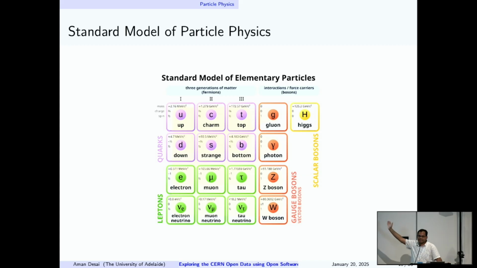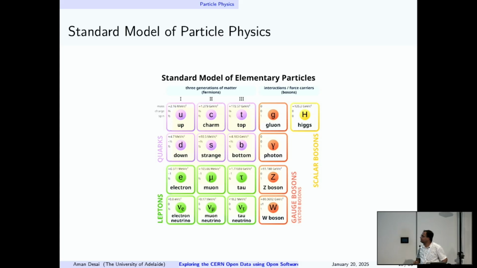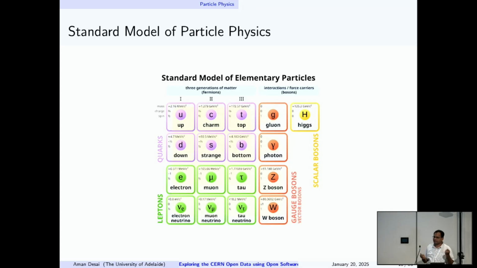The Higgs, I guess most of you must have heard about it, because of the 2012 Nobel Prize was given for this discovery. And this discovery was by the Atlas and CMS collaboration. These gauge bosons are the ones that actually mediate these forces. The electromagnetic interactions, for instance, you need a photon. A photon is also the light. So light is basically an electromagnetic wave.